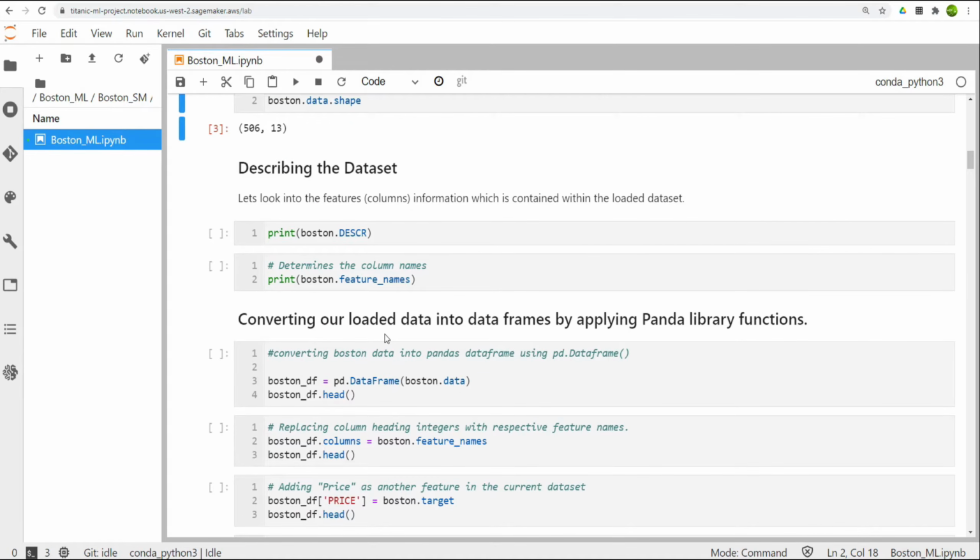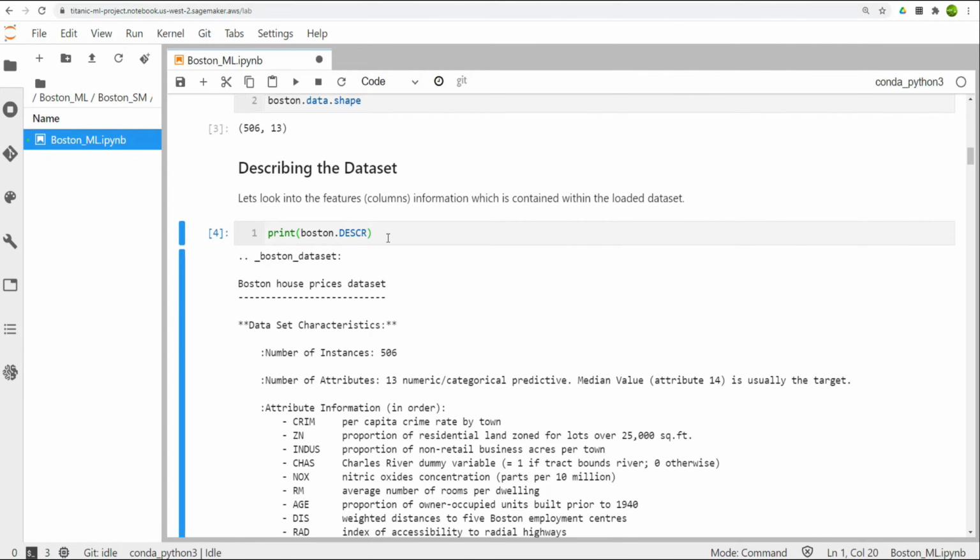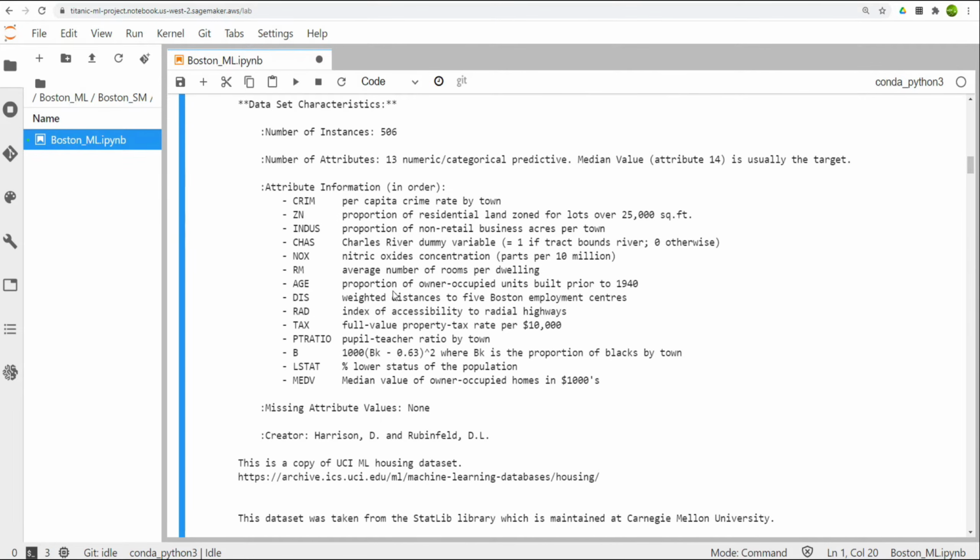Let's describe the dataset using the description we already have for the dataset. So here it shows the features that we have and the description for each one of them. For example, the first one we have is the CRIM, which is for per capita crime rate by town.